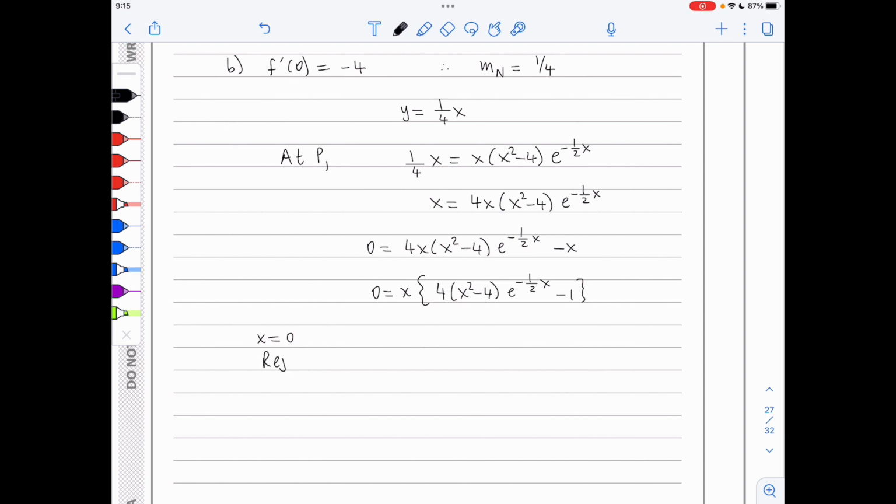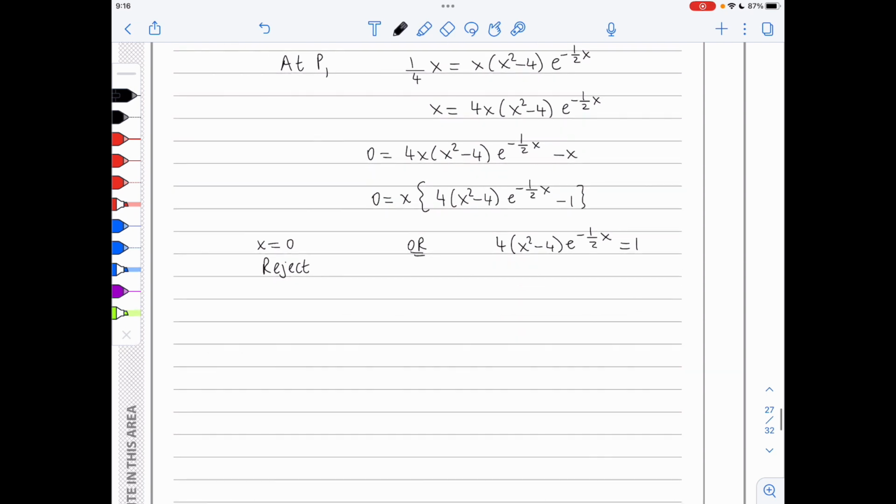We're looking for a point in the 3rd quadrant, or we have that 4x squared minus 4 e to the minus a half x is equal to 1. So this means that 4 brackets x squared minus 4 is e to the half x. I could expand the left hand side to get me 4x squared minus 16 is e to the half x.